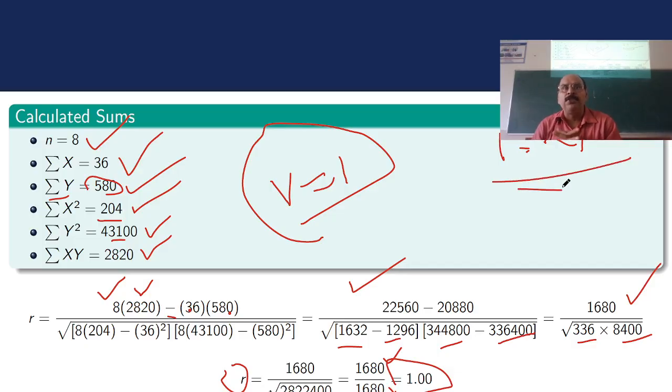So what does this indicate? Strong negative correlation. Okay.